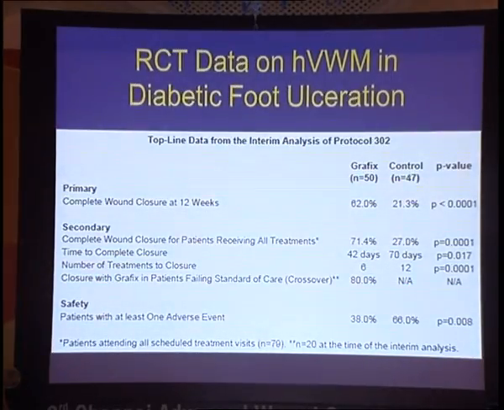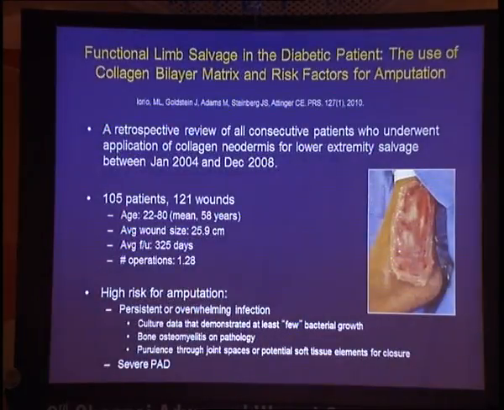Of the patients that did not heal in the control group, there was a crossover group. These patients changed from just getting moist dressings to getting the amniotic stem cell tissue. And when that was applied, 80% of those patients became healing patients. So this helps to remove some of those factors of the underlying disease and the underlying mechanics to separate the control group from the active or Grafix group.